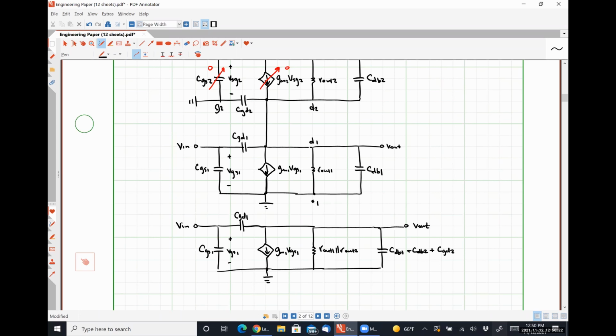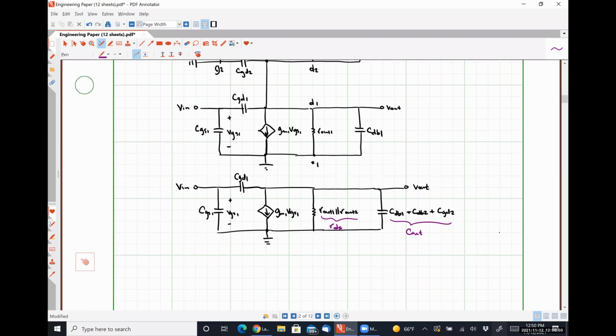So to make the math less horrifying, I'm going to lump these three capacitances together and call it C out. And I'm going to lump these two resistances together and call this RDS, since it's a resistance between the drain and the source.